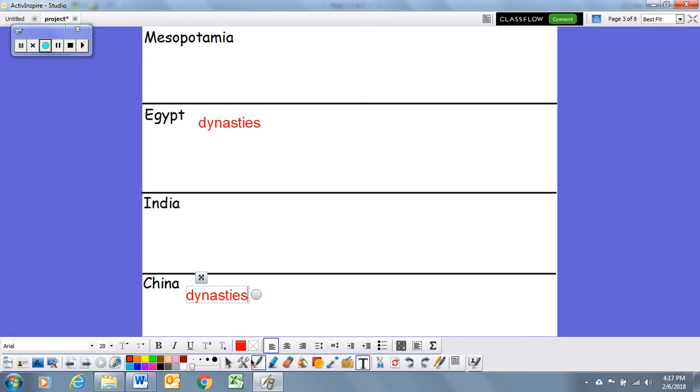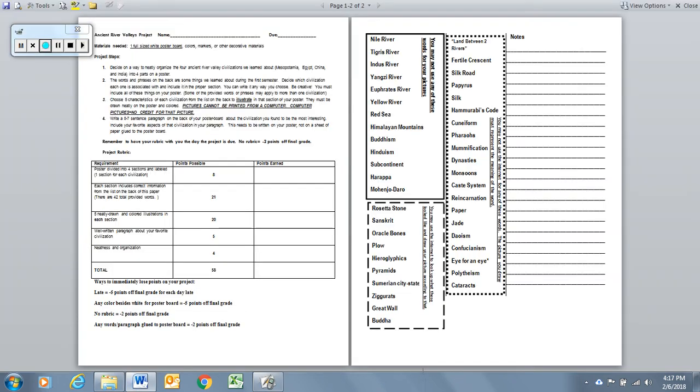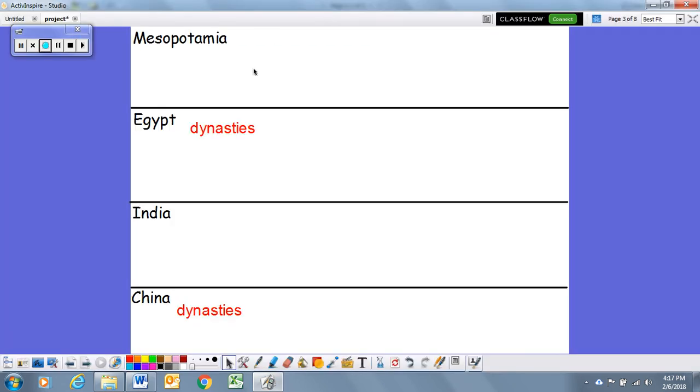You are going to do that for each word on the back of your rubric. There are 42 words here, 43 counting the bonus right here. All 42 words need to be on your poster somewhere with the civilization or civilizations they belong to.